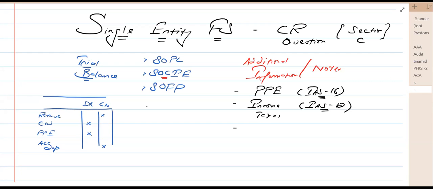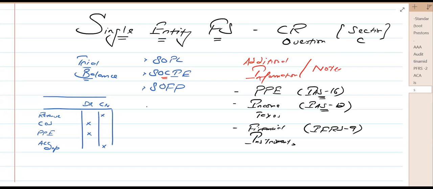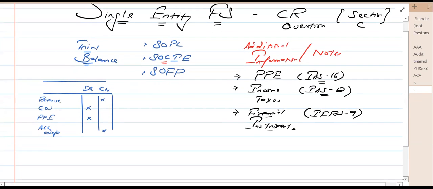And then one more is the financial instruments, which is IFRS 9. So you always see adjustment from the financial instruments, IFRS 9. So these are the three adjustments you will always see in your final accounts question, or you can say single entity financial statement question.